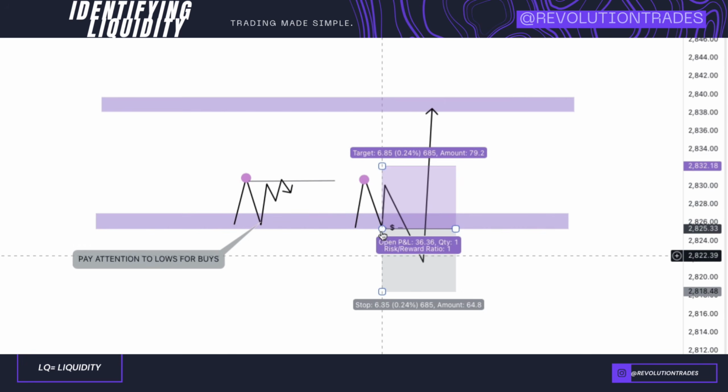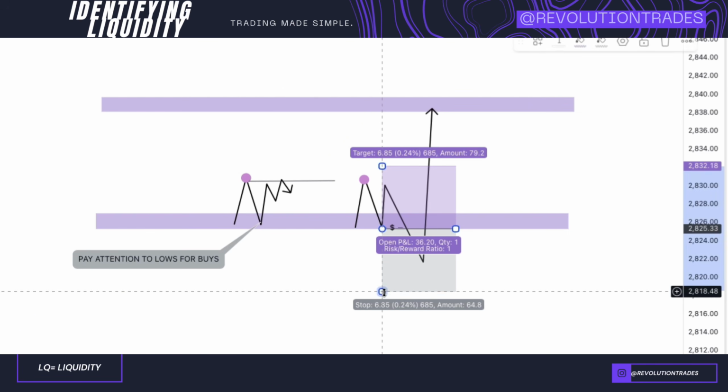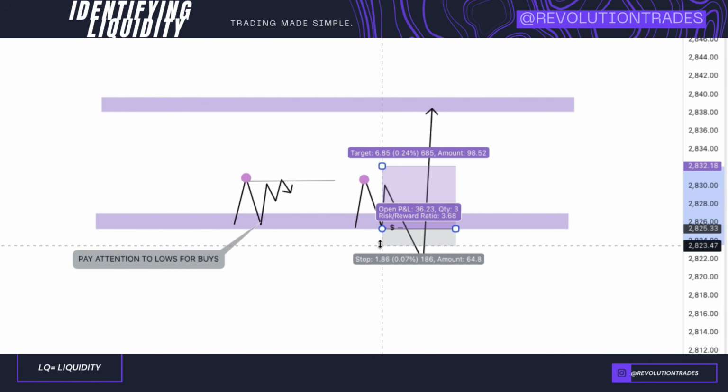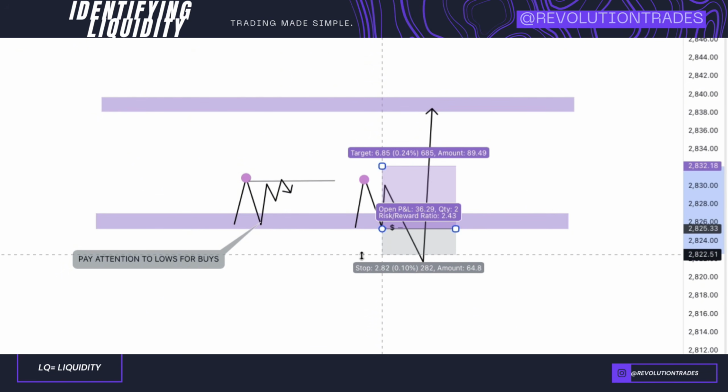But okay, so what the banks and these institutions think is, they know that retail traders usually draw their zones, supply and demand, support and resistance, whatever. They draw some type of zone, and they'll usually have their stop loss just slightly below their zone, right? And they know this because they've seen it multiple times in the past.